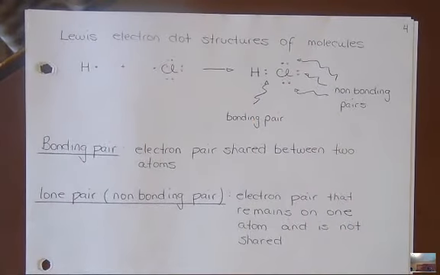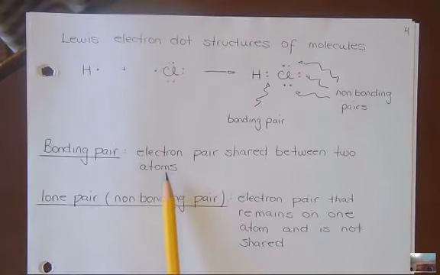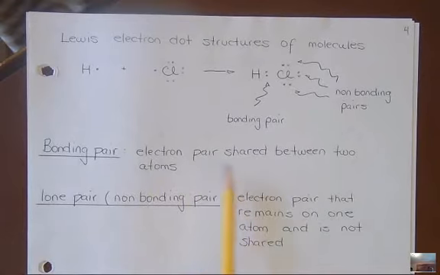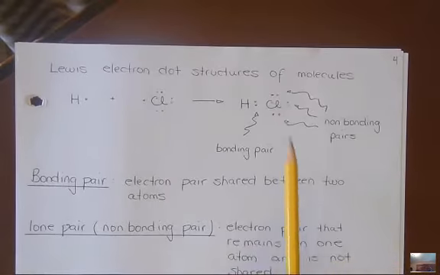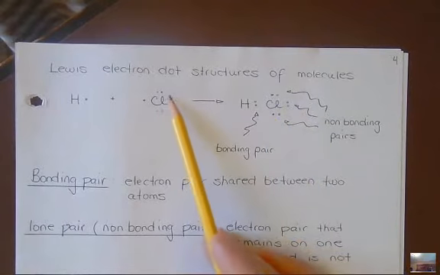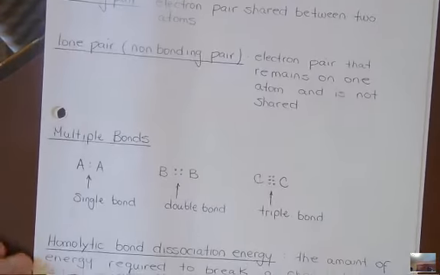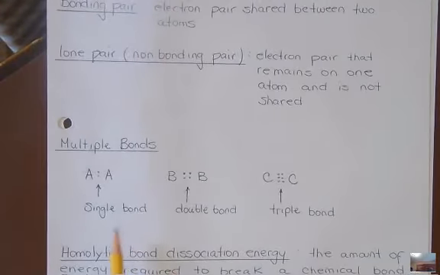Everybody's got 8. All right, so bonding pairs are electron pairs that are shared between 2 atoms. Lone pairs are electron pairs that remain on one atom and are not shared. They come in with that particular atom. Okay, all of our examples so far were single bonds. Maybe in order to get to 8, elements might have to share more than one pair.